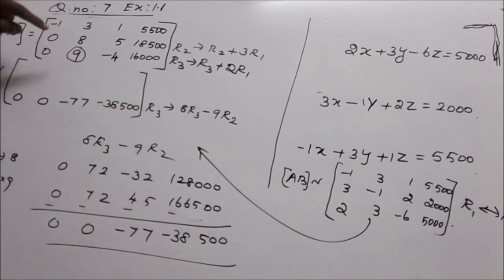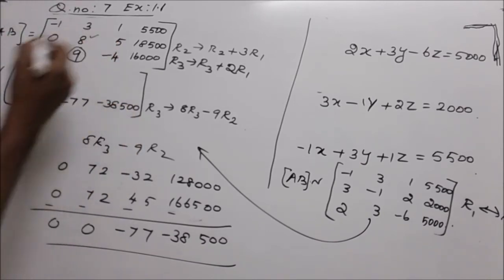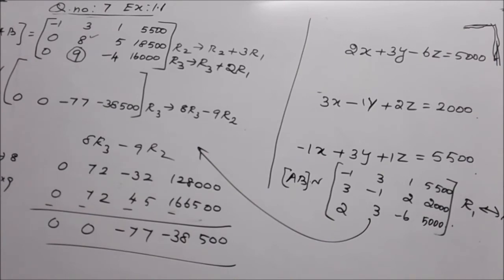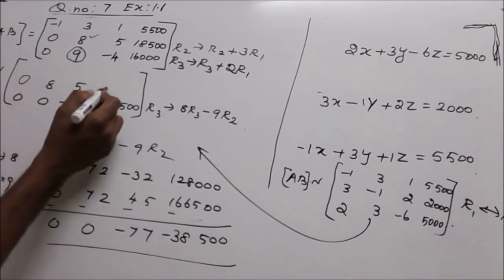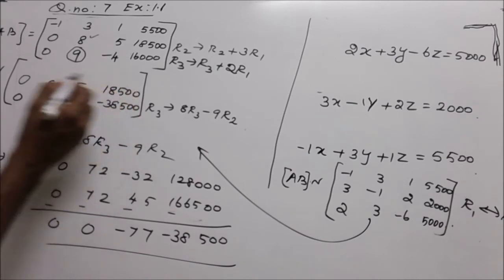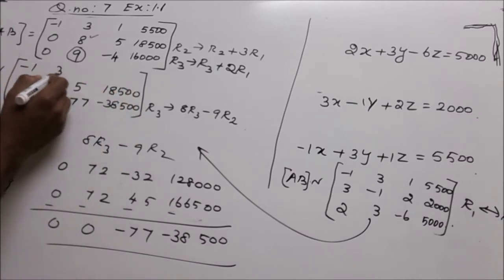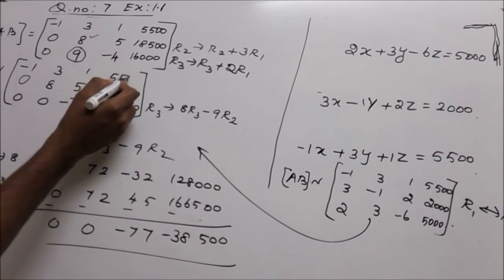And then next move to bring this 8 as 0. If we make this one as 0 entry, this one becomes a non-zero entry. So just to stop the process, 0, 8, 5, 18,500. There is no change in the first row, 1, 5,500.